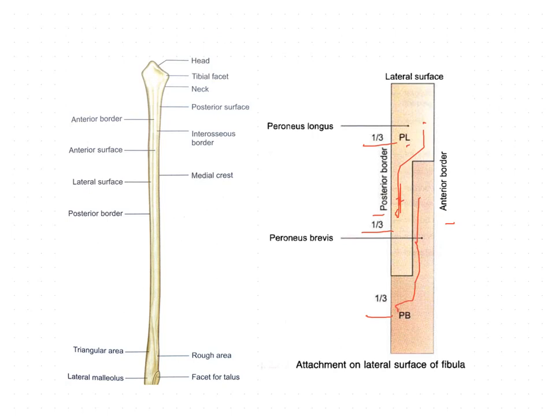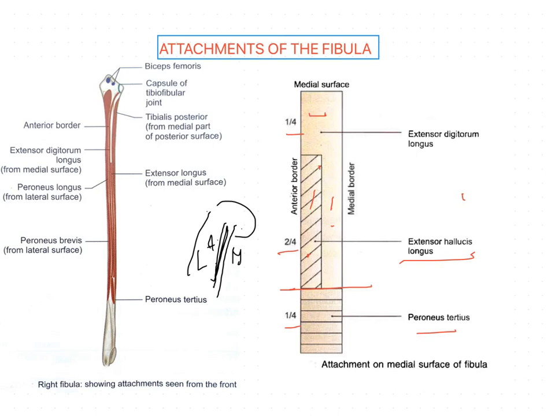Normally the common peroneal nerve terminates in relation to the neck of the fibula. Now we will see the head of the fibula, which receives the insertion of the biceps femoris on the anterolateral slope of the apex.